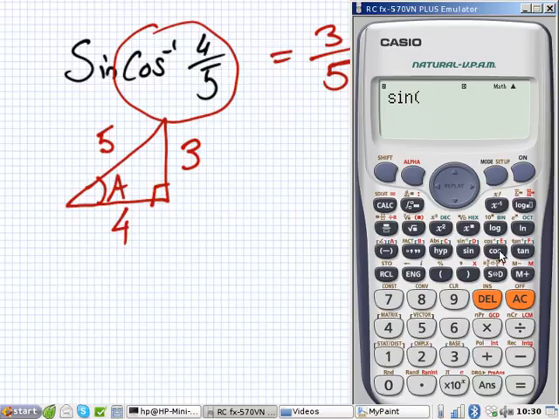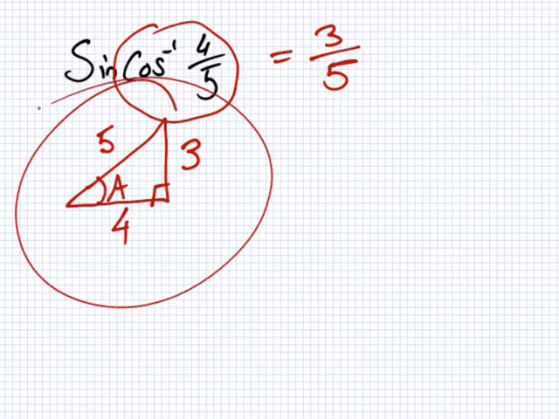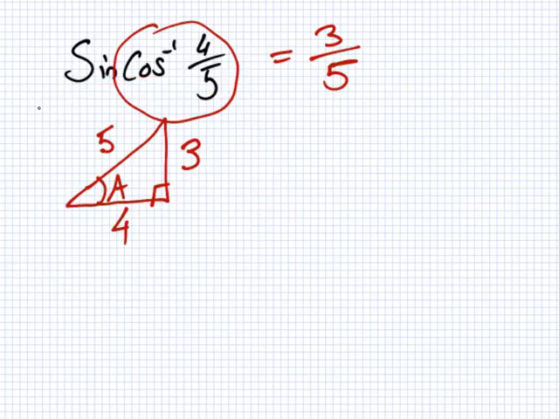Sine cos inverse 4/5. Yeah, 3/5. But in the exam, often they want to see some proof that you worked this out. So even seeing this will be proof that you've done it without the calculator. Okay, can you write this one down? There's not much to write, but if you can write it down, please.